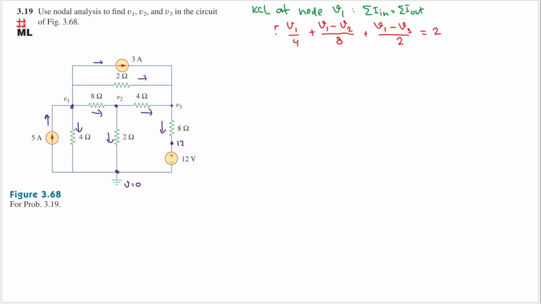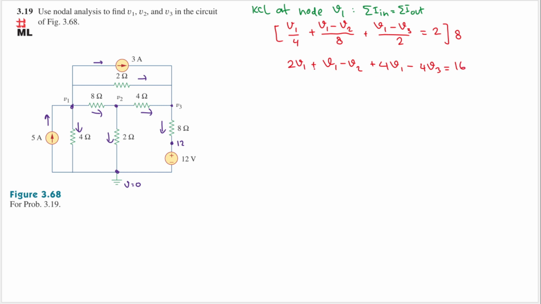Okay, we can multiply this equation by 8 to get rid of all the denominators. So we will have 2V1 plus V1 minus V2, then plus 4V1 minus 4V3. All of that will equal to 16.